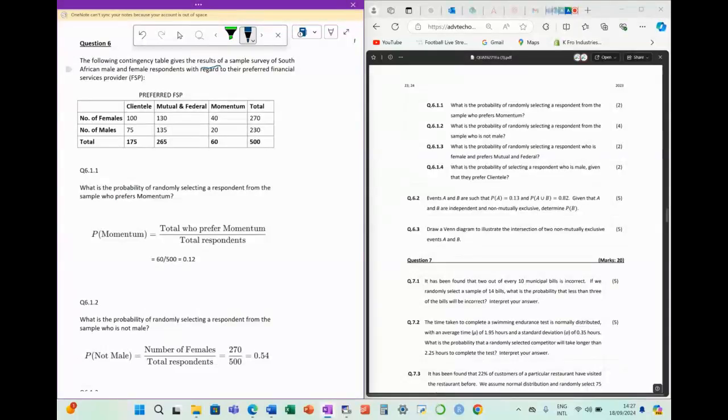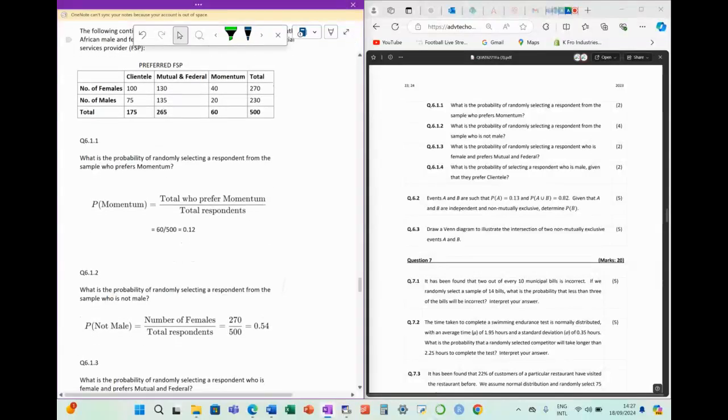Deodorant, okay? So here now it's obviously your financial institution. What is the probability of randomly selecting a respondent from the sample who prefers Momentum? Okay, so obviously that's the total who prefer Momentum divided by the total number of respondents. So we've seen that before.